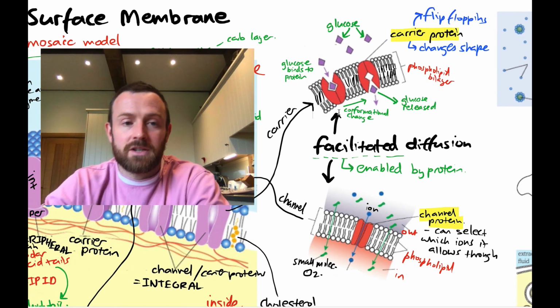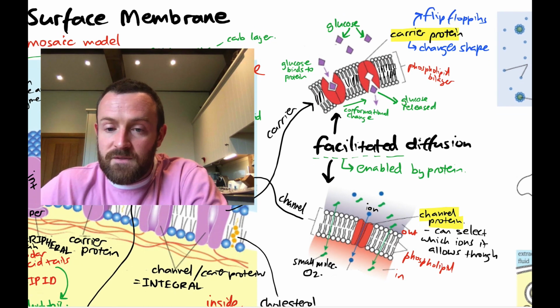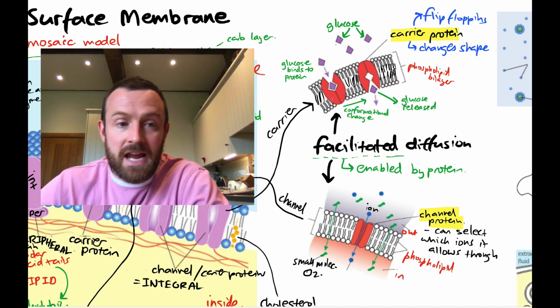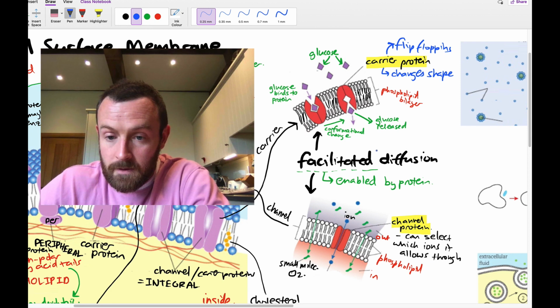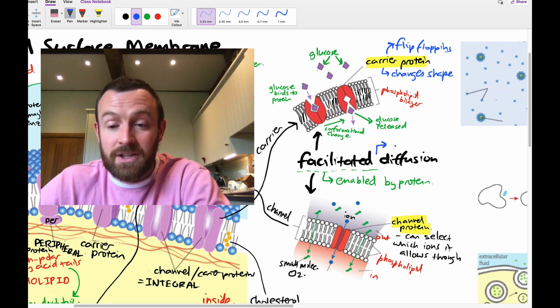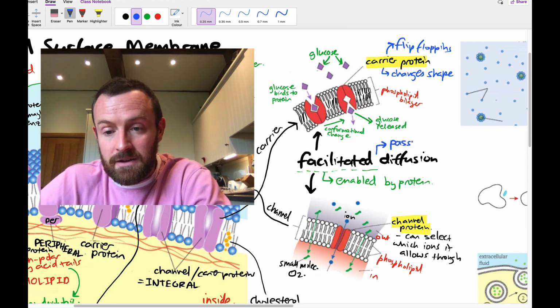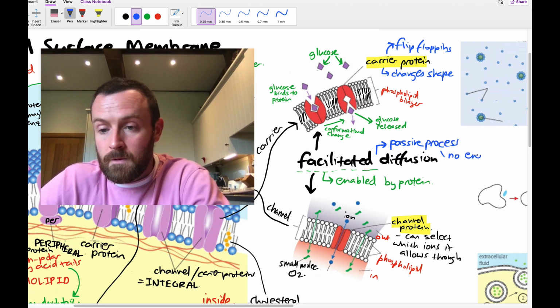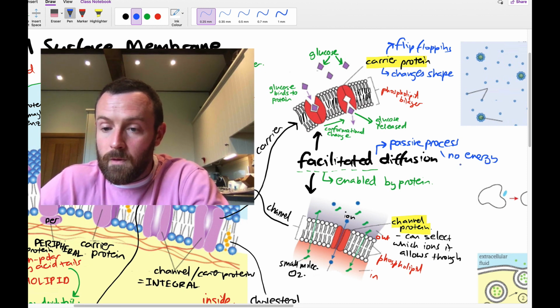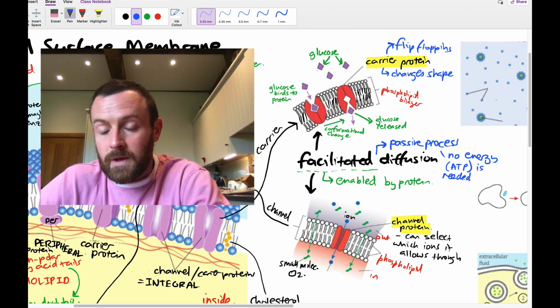It's important to note, I almost forgot, that facilitated diffusion is a passive process. Let's do that in blue. It's still diffusion. It is a passive process, which means no energy, or in brackets ATP, because that's what energy is in the cell, is needed. Okay?